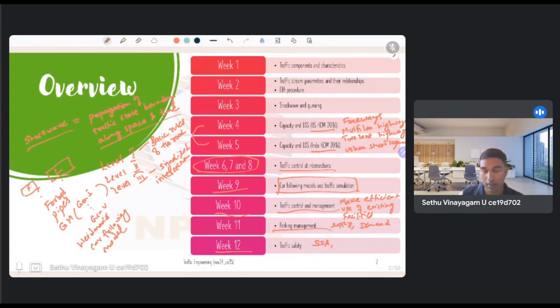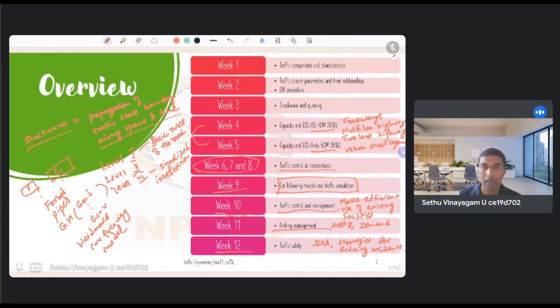So all those concepts, and also some of the strategies for reducing accidents, were covered in the traffic safety module. Okay, so that's all that was covered in this course. So that's the overview of all the things that we have looked at.